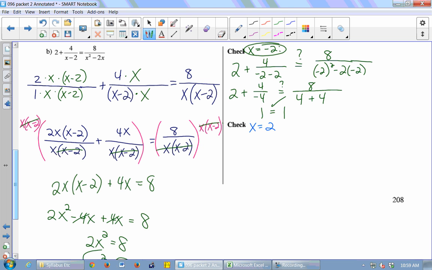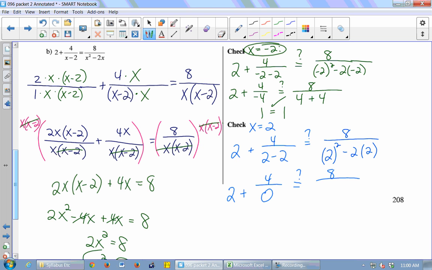We already did -2. All right, so again, in the original equation, everywhere you see an x, replace it with a 2. So I have 2 plus 4 over 2 minus 2. Does that equal 8 over 2 squared minus 2 times 2? Right, so 2 minus 2 is 0.